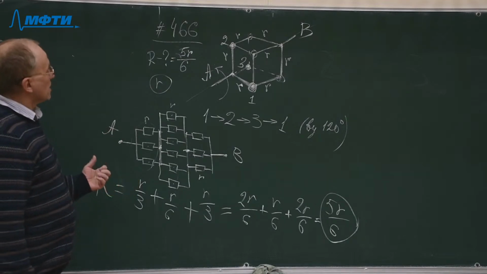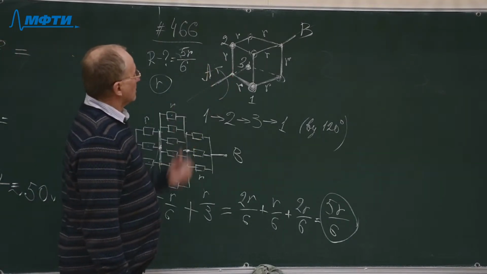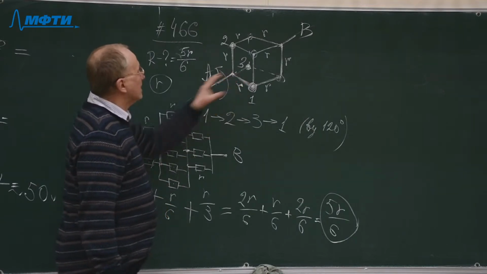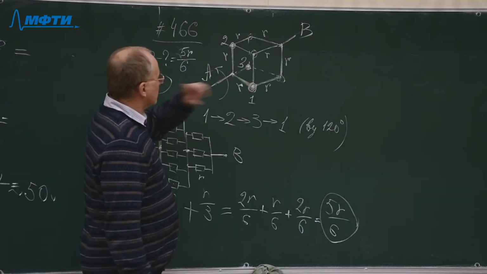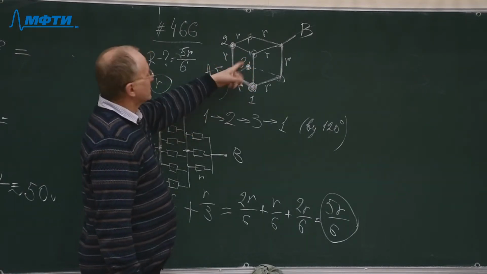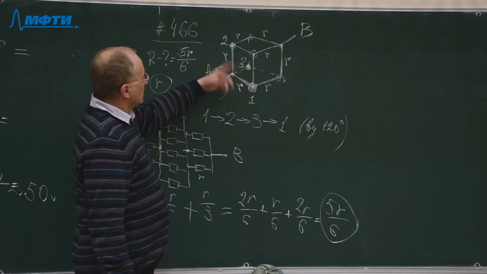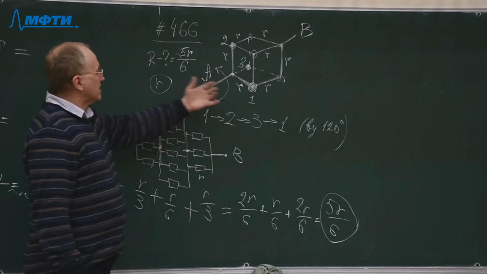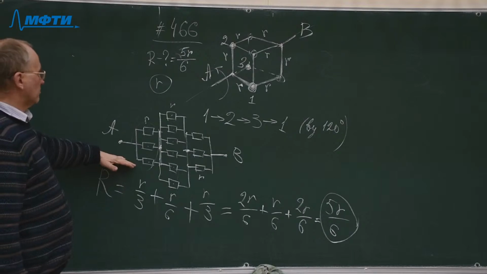So the considerations of symmetry allow us to modify this figure into an equivalent scheme. The original complicated scheme, which is neither a parallel nor a series connection of resistors, can be simplified and reduced to an equivalent scheme.